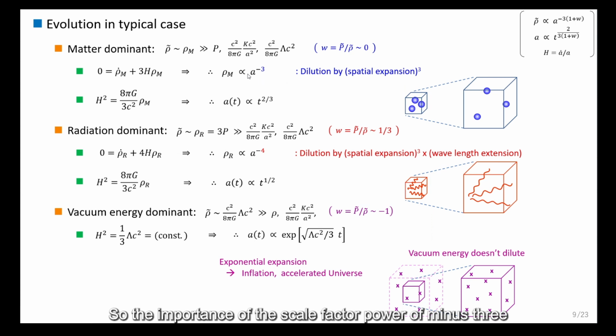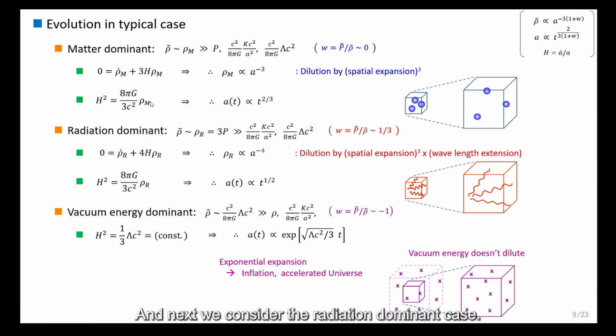The importance of the scale factor to the power of -3 is that this energy density is diluted by the spatial expansion, since the degrees of freedom are just three-dimensional. And also, if we use W equals 0 in the previous result, then you can get the time dependence of the scale factor, given by this form.